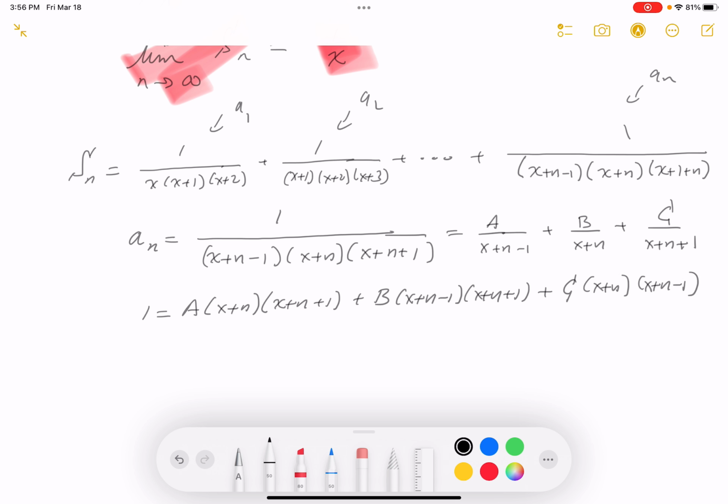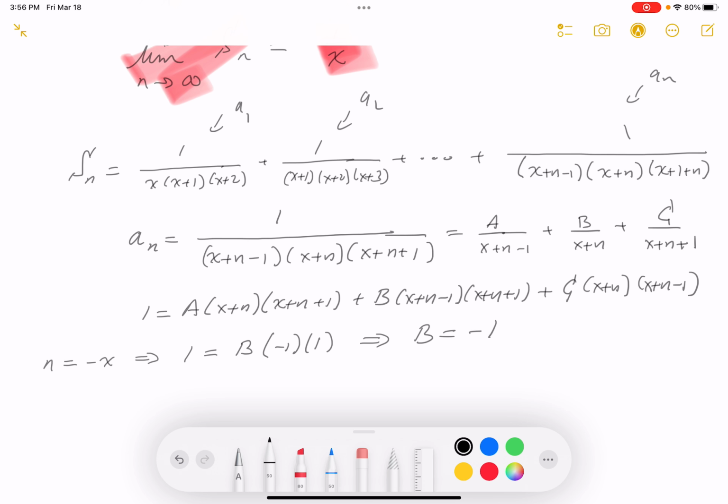And now I got to pick an easy value for N. So I'm going to say N is minus x. So what does this give you? Well, the A disappears and the C disappears. I'm left with the B. So N is equal to minus x, so you can get minus 1, and I'm going to get 1. So what does this tell me B is? B is minus 1.